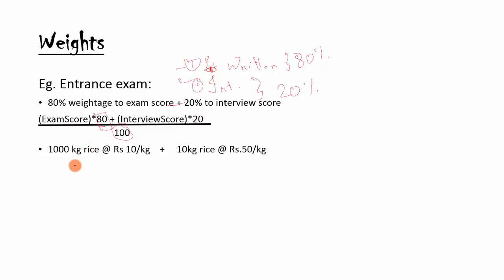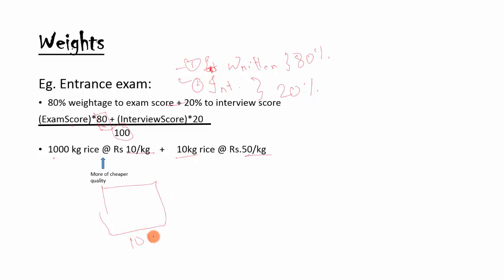Consider another scenario where you have a very cheap quality rice, rupees 10 per kg, and a very high quality rice, rupees 50 per kg. When you're mixing these two qualities of rice, you will get another rice. Here you are mixing 1000 kg of this and 10 kg of this.